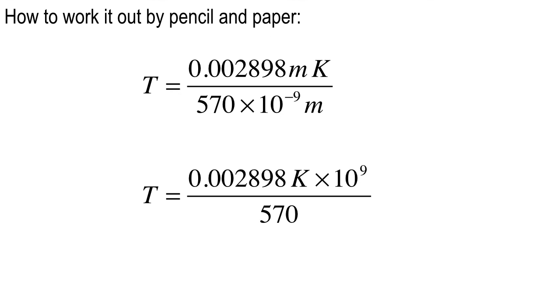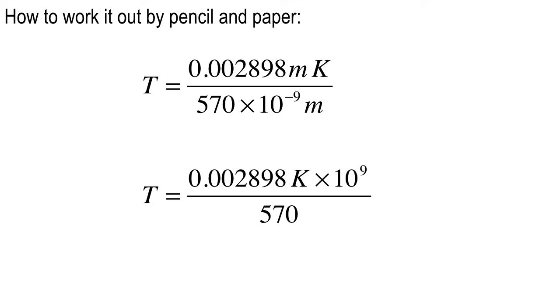The wavelength down here is a number of meters. And the constant, that's a constant of nature, 0.002898 meter kelvin. That's the Wien's displacement constant. And notice in the second equation block here, the meters cancel out. And you're left with kelvin, which is good because you want a temperature.